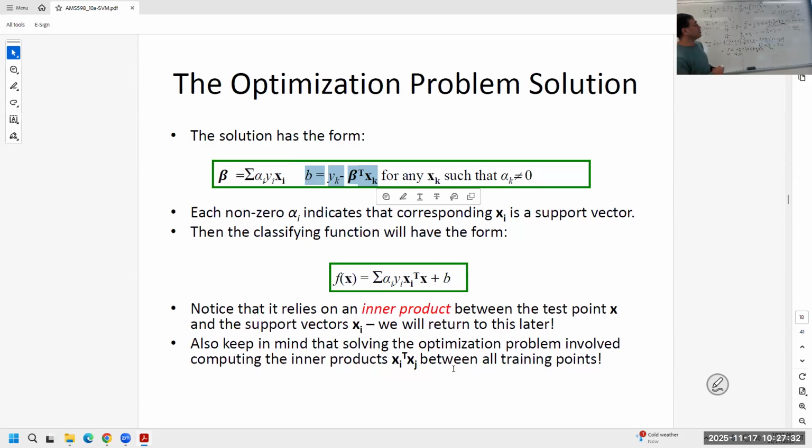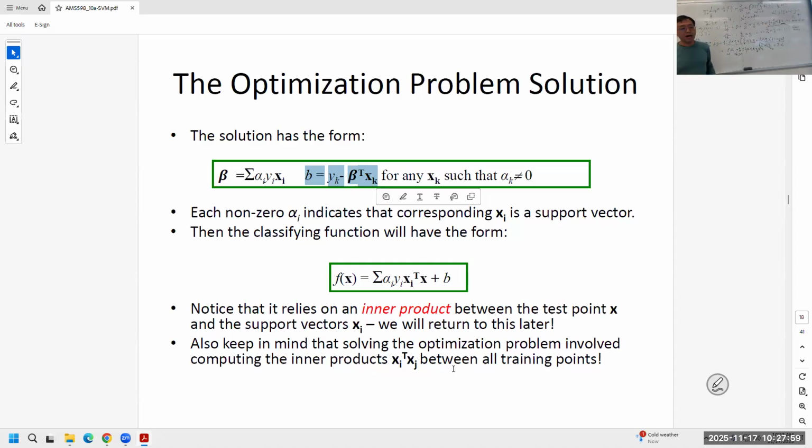If xk is at the boundary, then we know yk times beta transpose xk plus b is going to be equal to 1, right? Because this is a property of the boundary.